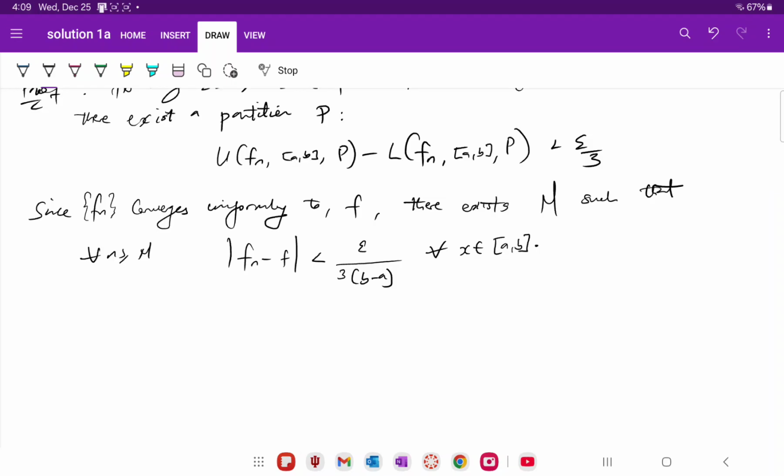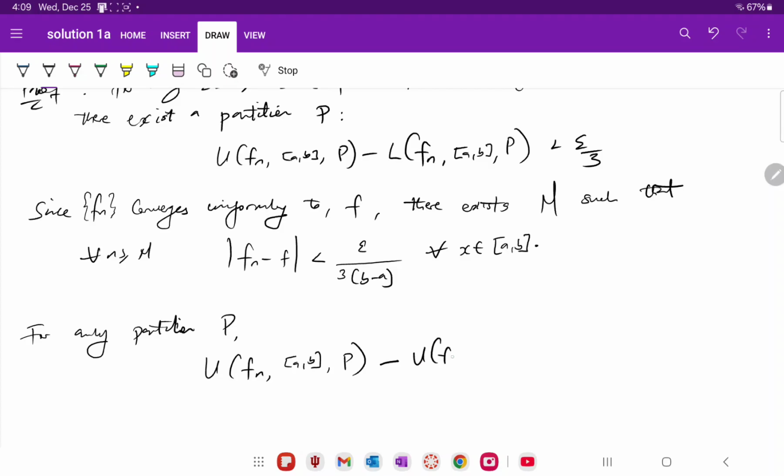So now let's relate everything together. Since this holds, for any partition P, since fn converges to f, the difference between the upper Riemann sum of fn and the upper Riemann sum of the function f will also be less than epsilon over 3.